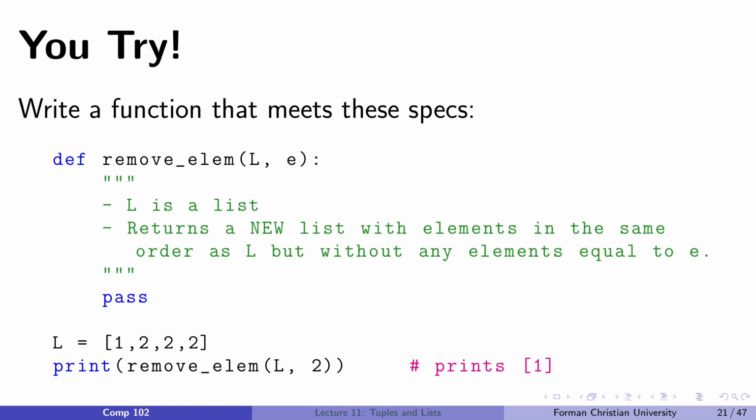That list has all the elements of L except those that are equal to E. So for example, this is a list. And if we want to remove element 2 from the list, this function is going to return a new list. It's not going to change the previous one. So it's going to return the new list with all of the 2s removed from it. So it naturally returns 1, and all of the 2s are removed here.